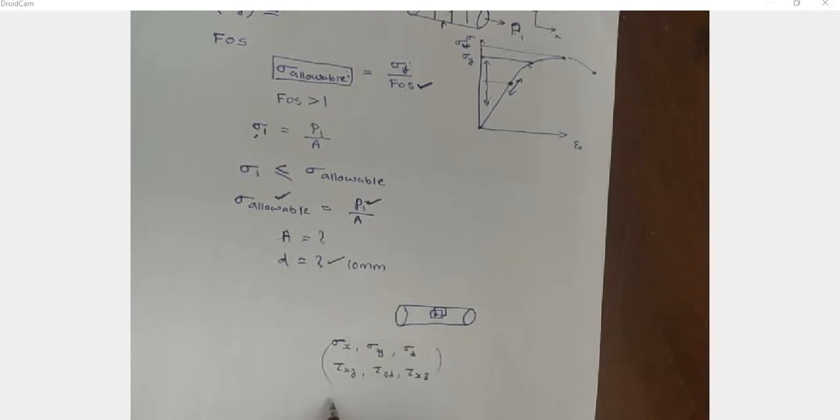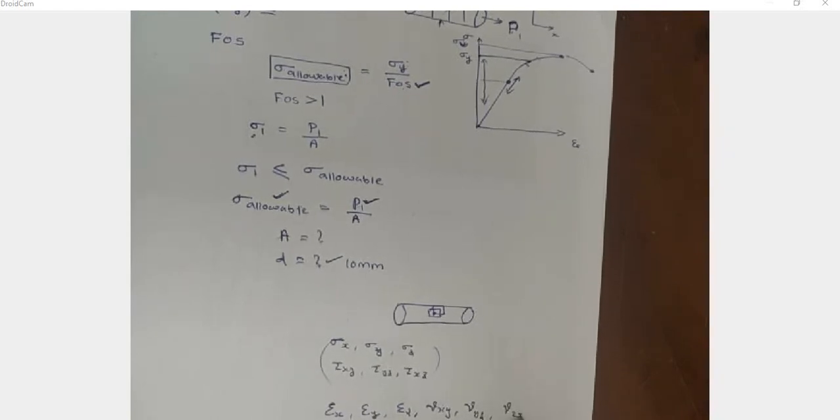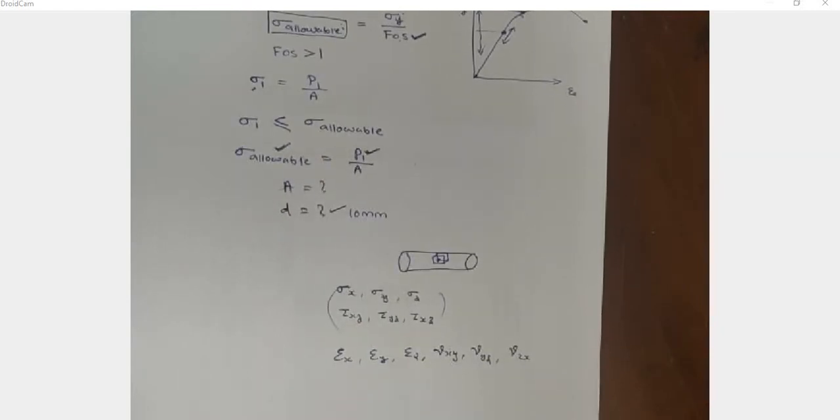Similarly, strain at a particular point can also be calculated based on the 6 components of strain, that is epsilon x, epsilon y, epsilon z, gamma xy, gamma yz and gamma zx. So stress and strain at a particular point can be defined using these 6 components of stress and 6 components of strain. This is called the stress tensor.